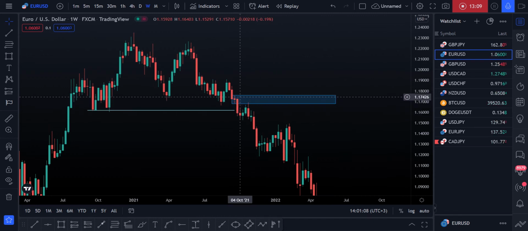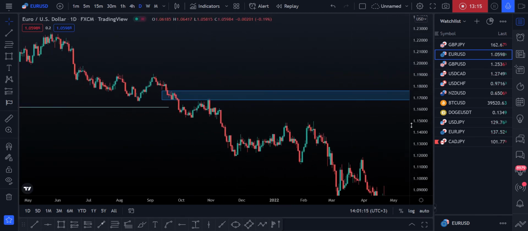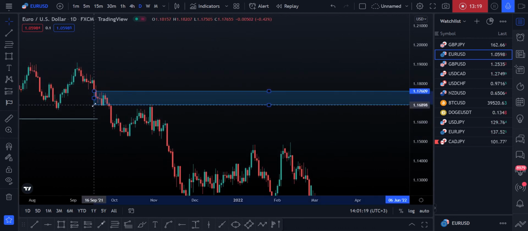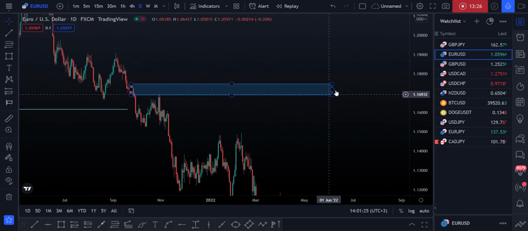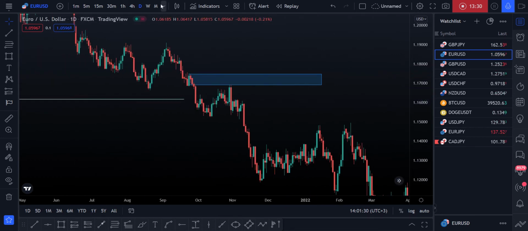So mapping out this zone, we go to the daily and we can start to filter out where the most recent one was. We can clearly see that we have this as a supply zone for sales.